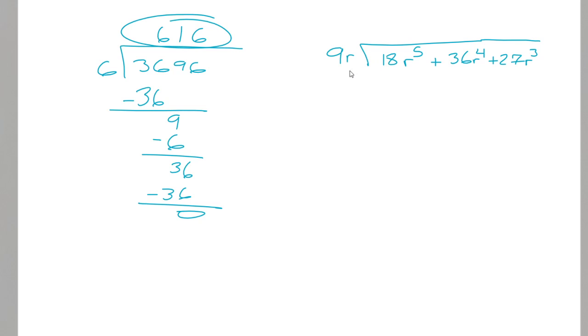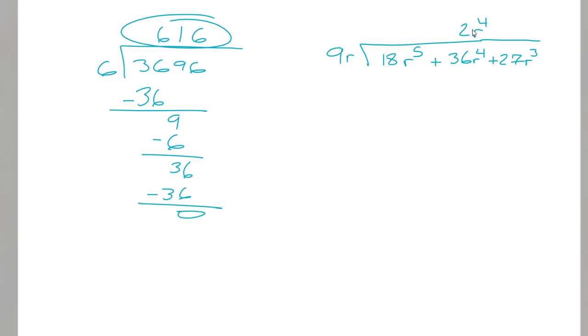You're going to multiply 9 by 2, but then we also need to find out how many times do I need to multiply r by r to get to r to the 5th. So remembering law of exponents, if I want r to the 1st to become r to the 5th, I need to multiply it by something that I could add 1 plus 4 to get us to the 5th. So we want r to the 4th, and then we said 9 times 2 is going to give us 18.